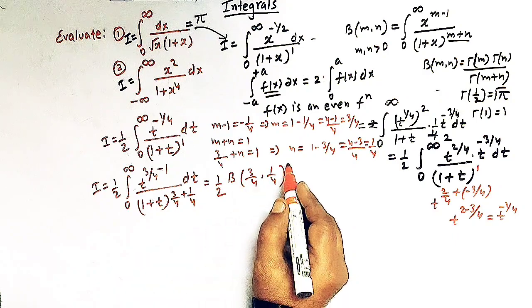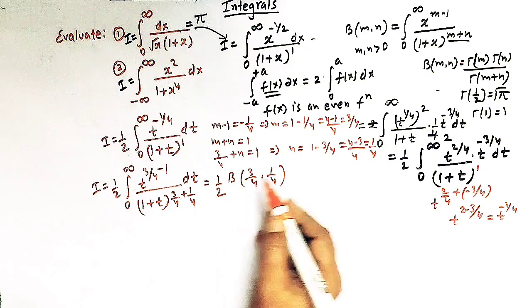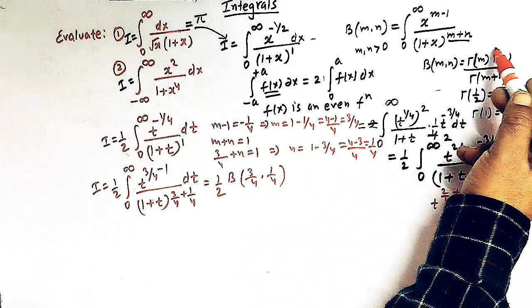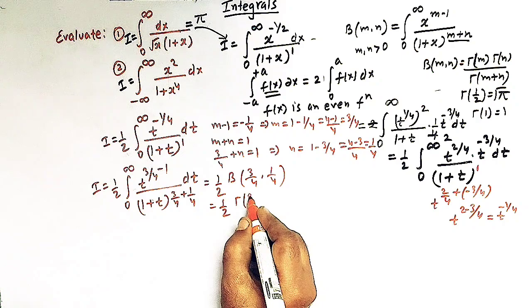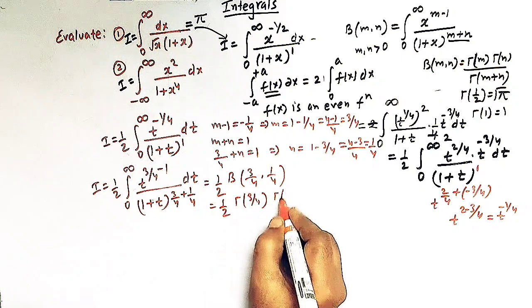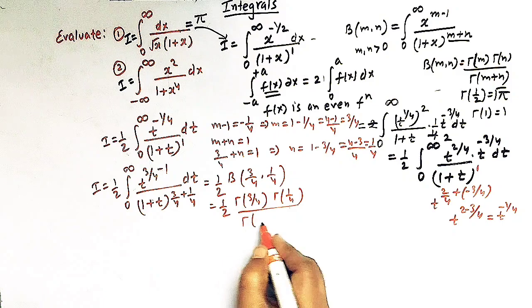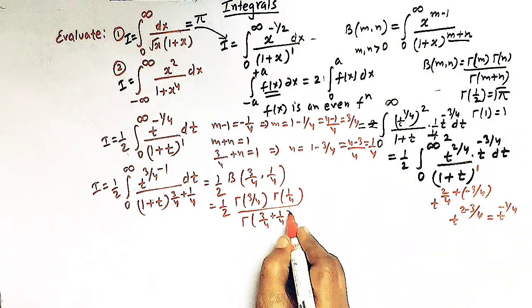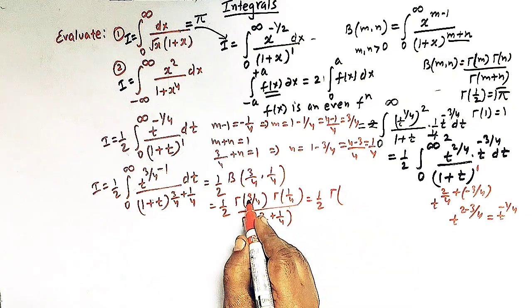So now to evaluate this beta function, we will again use this result. So we have half gamma 3 by 4 gamma 1 over 4 divided by gamma of m plus n, that is 3 by 4 plus 1 over 4. So we have half, then gamma 3 by 4.